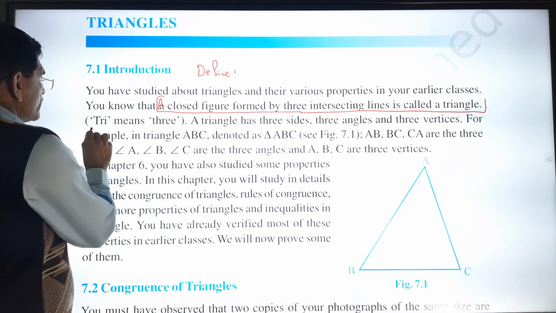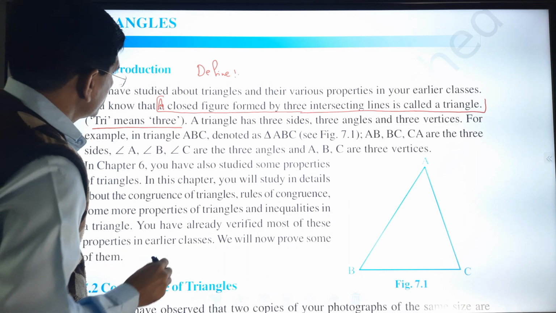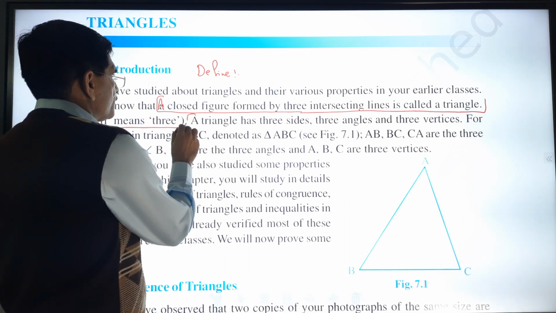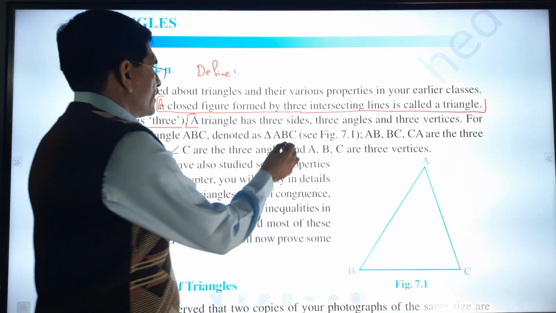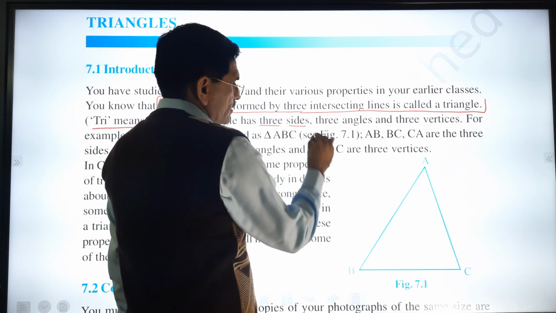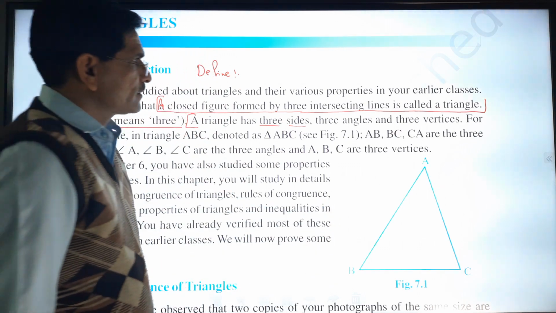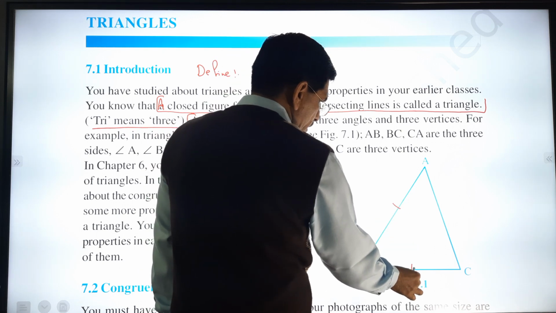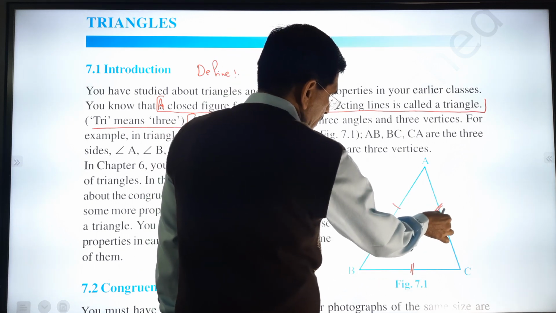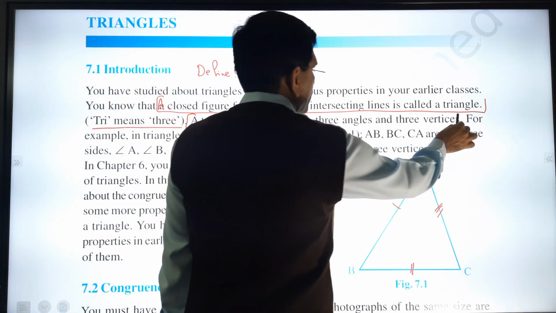Tri means 3. Second point: a triangle has 3 sides. You can name them from the figure: AB, BC, AC.